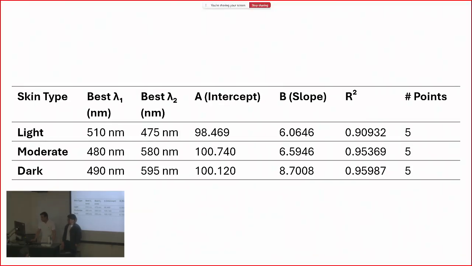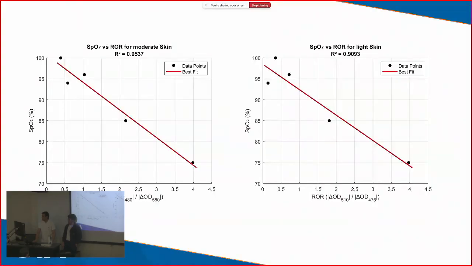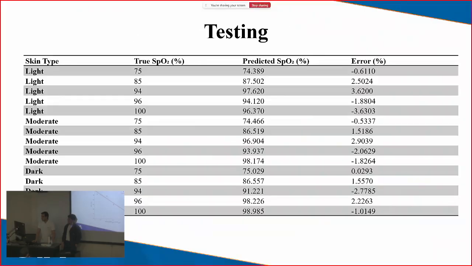I did calibrate the equation, and this is our test results. We have calibrated the equation, and we have actually tested across a known SpO2 using MCX software, and for the most part, we got error around plus or minus 3.